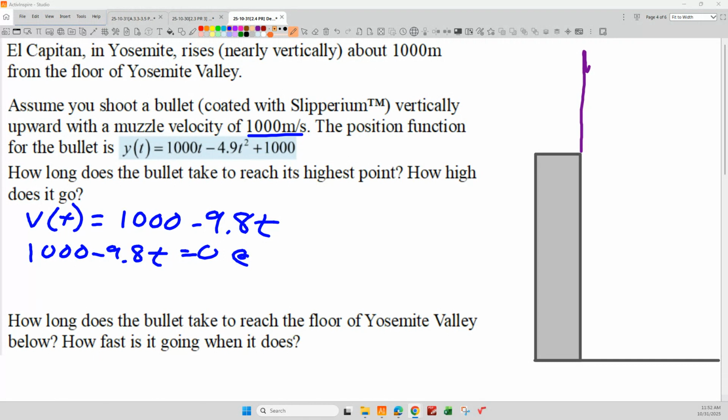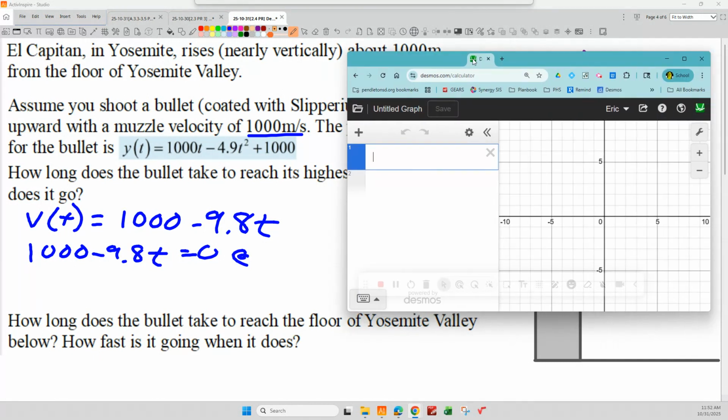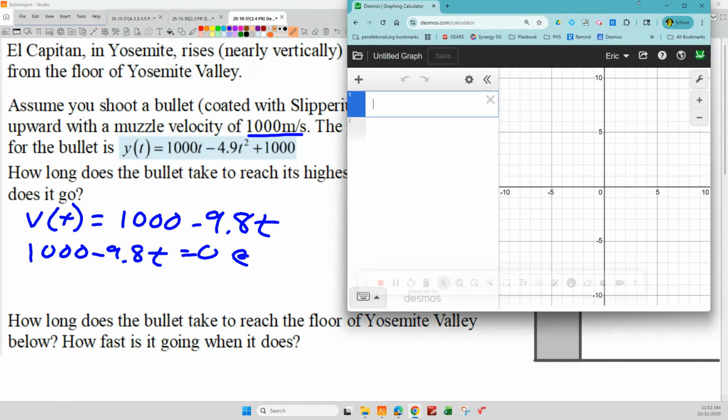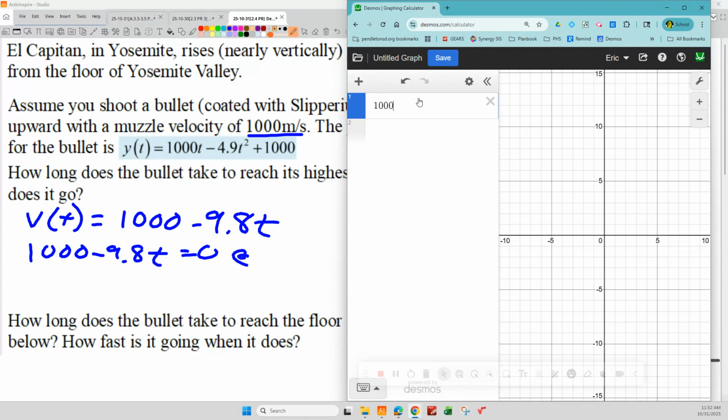So 1,000 divided by 9.8 is, there it is, 102.04 roughly. That's how long it takes to reach its highest point.